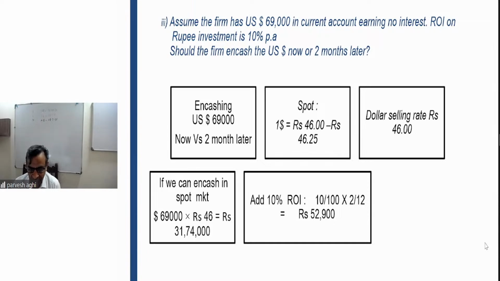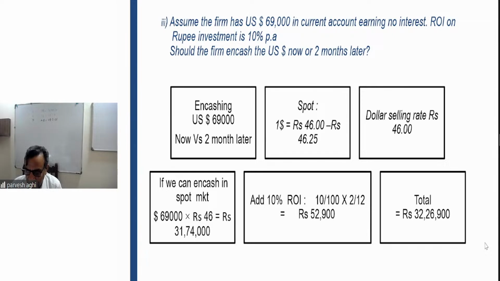So the moment you sell your $69,000, you will get 31,74,000 rupees. Now your account will give you 10% return, because in the question it is given that you're going to get 10% return on the money lying in your account. So you will get another 52,900. That means the total money you will be getting would be 32,26,900. Okay. So this is when you encash it now.